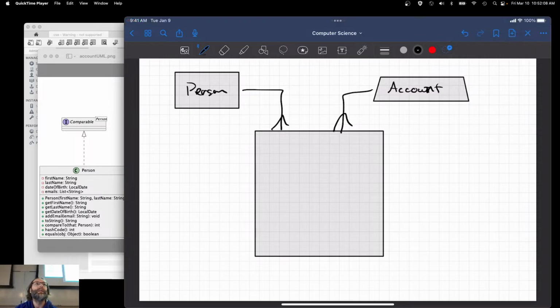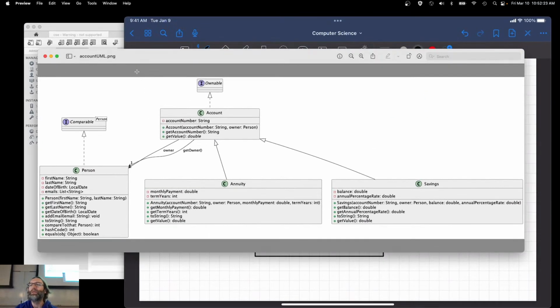Like access? Like this person accesses that account. Yeah, that could be one verb. What do we call it over here in our POJOs, our plain old Java objects? What did I call it there? It's the owner.